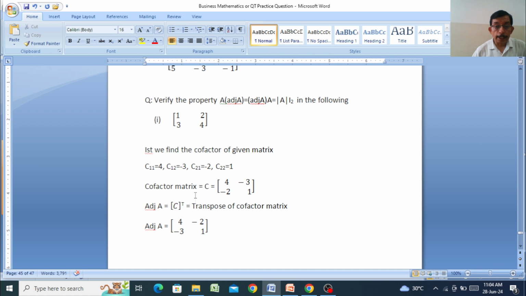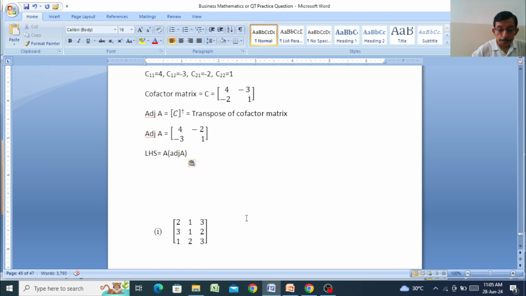Now LHS. Take the left hand side. LHS is equal to A adjoint A. Put the value of A and adjoint A in the next step.